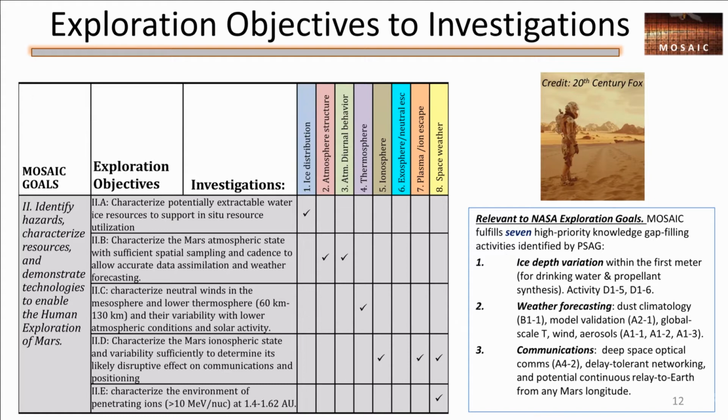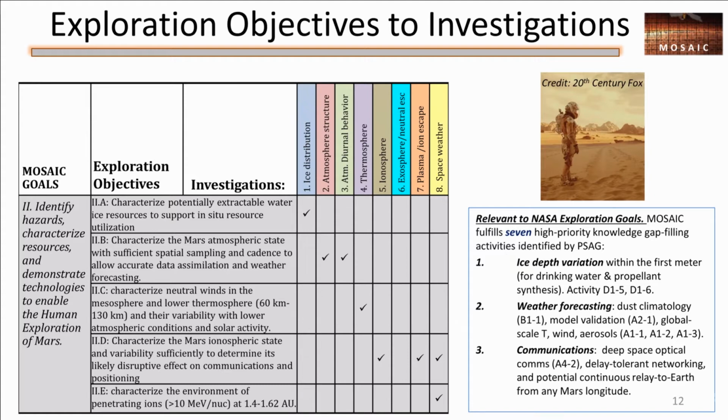To characterize the Mars ionospheric state sufficiently to determine its likely disruptive effects on things like global positioning and communications. And then lastly, the radiation environment in Mars orbit that astronauts will have to deal with when they are there.